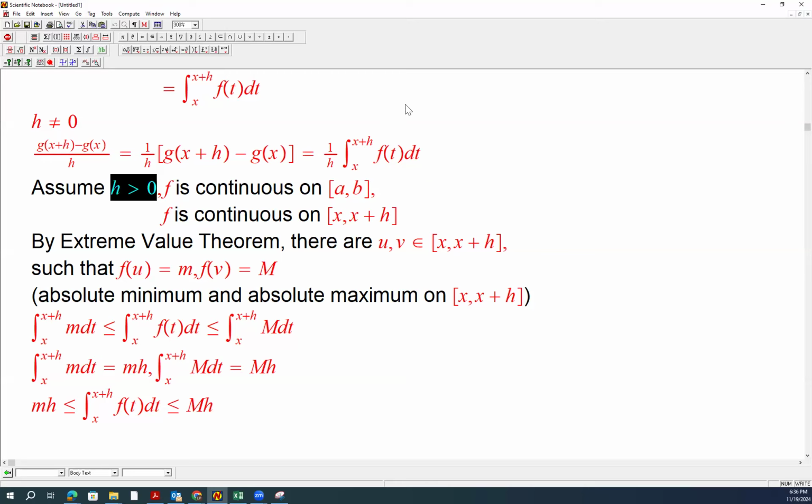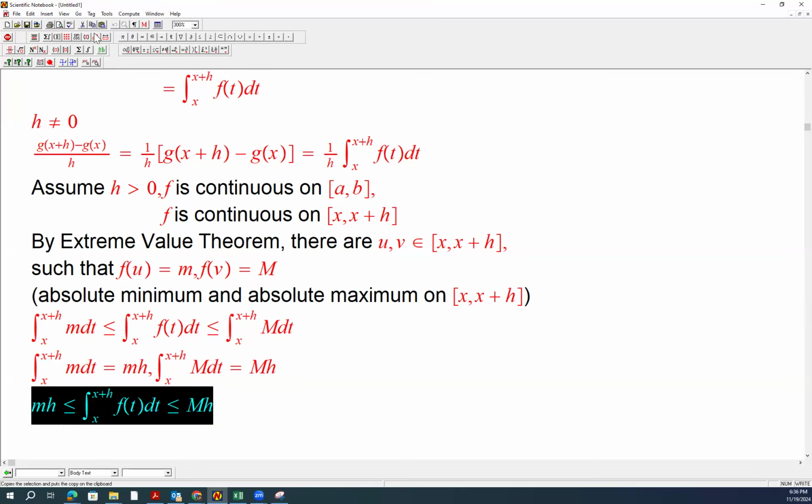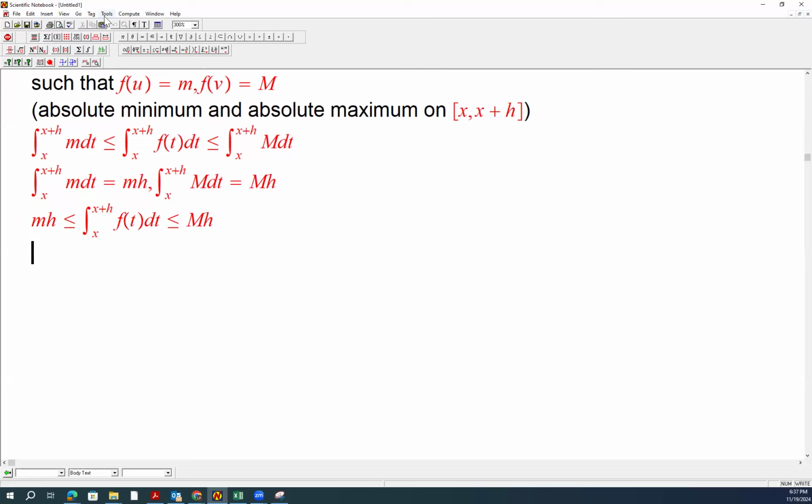For h negative, we can do similar things, except the inequality will have to switch directions, but that can be handled in a similar manner. For the moment, we choose h positive. Now we divide each side by positive h, that is, multiply by 1 over h.